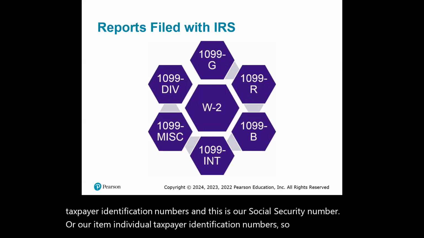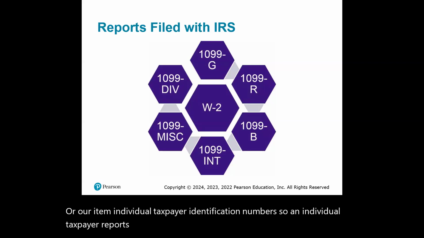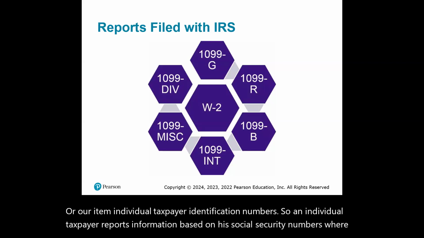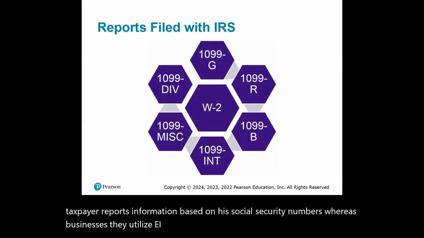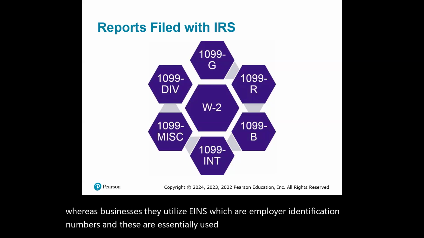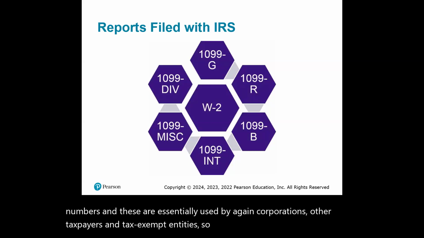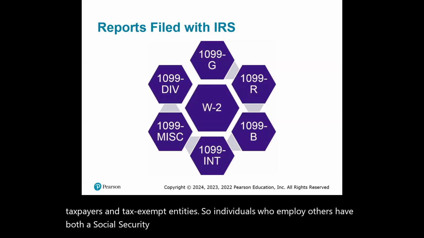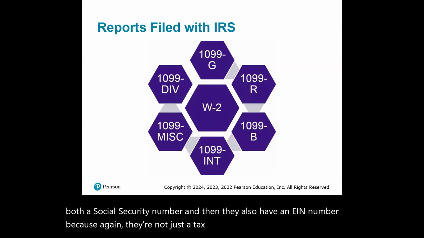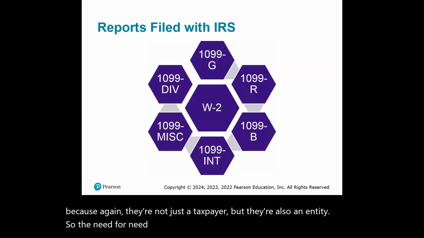An individual taxpayer reports information based on their social security number, whereas businesses utilize EINs, which are employer identification numbers. These are used by corporations, other taxpayers, and tax-exempt entities. Individuals who employ others have both a social security number and an EIN, because they're not just a taxpayer, but also an entity. So the need for accurate information is obvious.